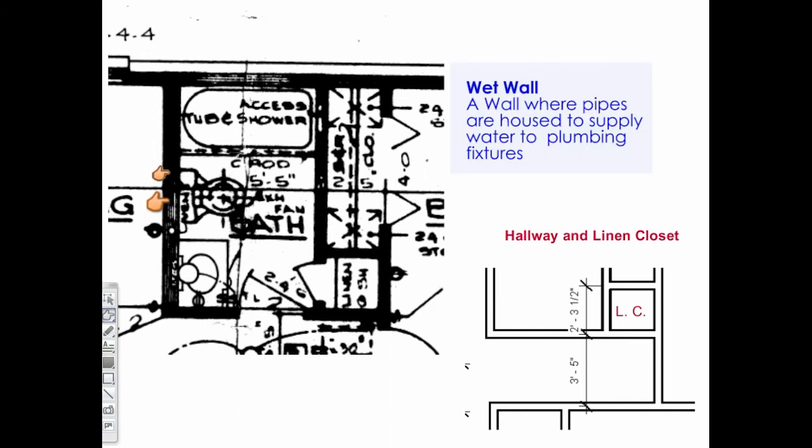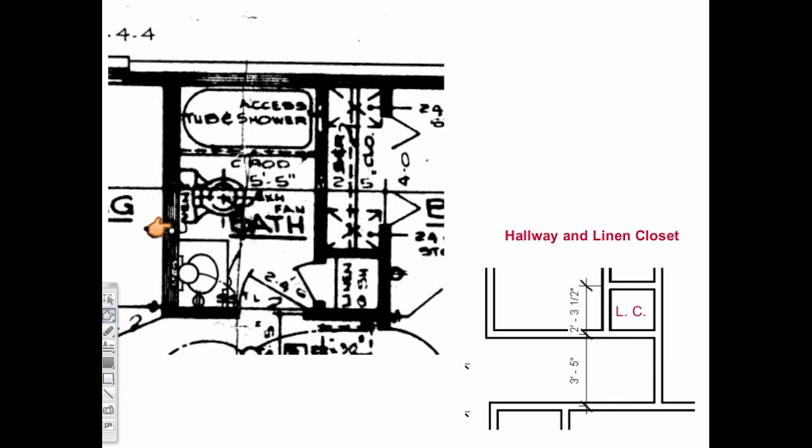It is called a wet wall because the plumbing pipes that service the tub, the toilet, and the sink are coming into this wall. So we will need to create another wall object called a wet wall. The framing member used to create this wall will be a 2x6 stud.